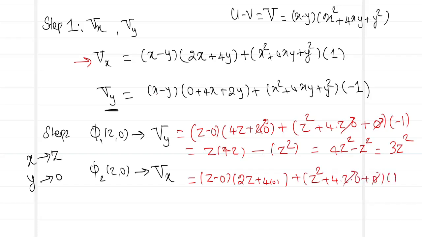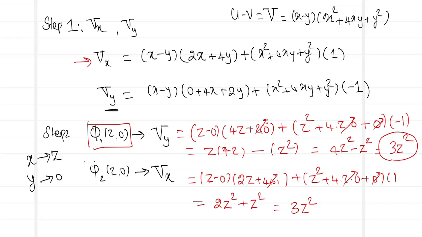This vanishes, this vanishes, this vanishes. I have this as z into 2z, so it becomes 2z square. And what happens over here is plus z square. So I have it as 3z square. So I notice that my phi 1 of z comma 0 is 3z square, and my phi 2 of z comma 0 is also 3z square. So my step 2 is over.